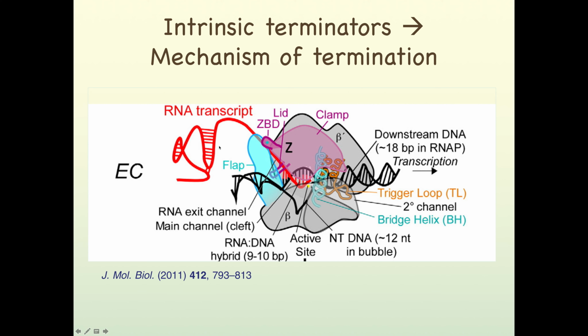And notice that the RNA has this secondary structure. As the RNA comes out, it's interacting and base pairing with itself in different ways. Here is the transcription bubble, and here are the 9 to 10 base pairs forming the DNA-RNA hybrid.